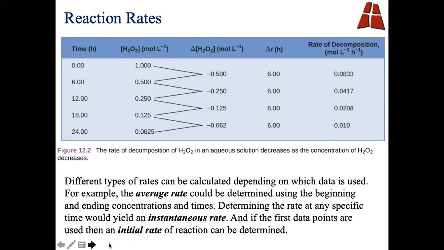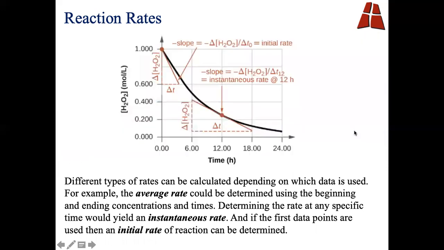So maybe we look for an instantaneous rate, which is typically an averaging of any 2 data points. Actually any of these 4 could represent an instantaneous rate, whereas if we use the first one, it is then an initial rate. Sorry for that confusion there.